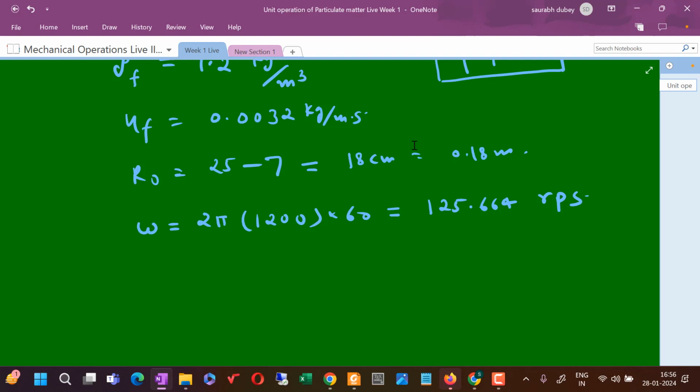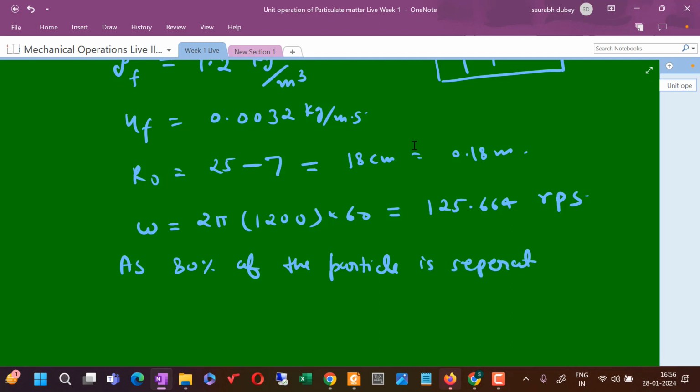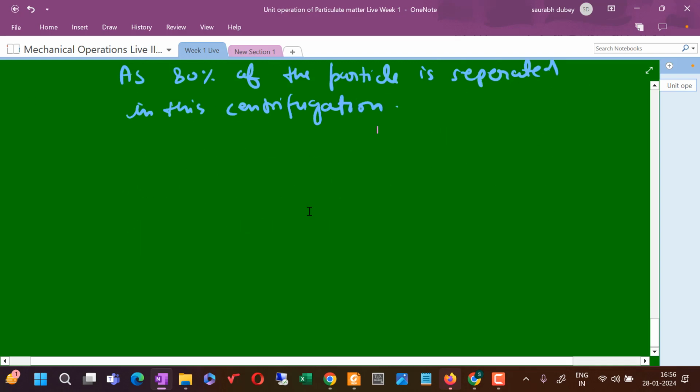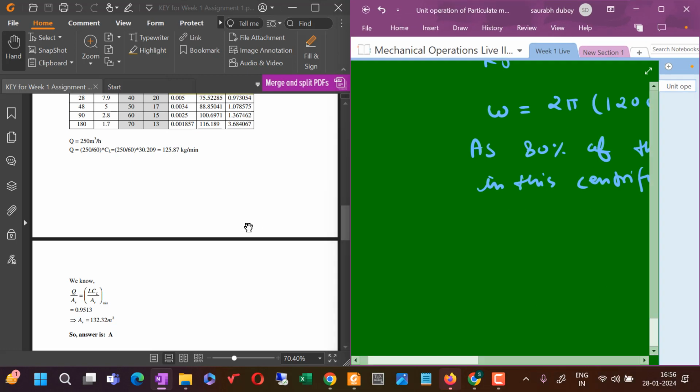So 80% of the particles are separated in this centrifugation. This data will be used in order to get the cutoff diameter, so the cutoff diameter calculation I will be showing here.